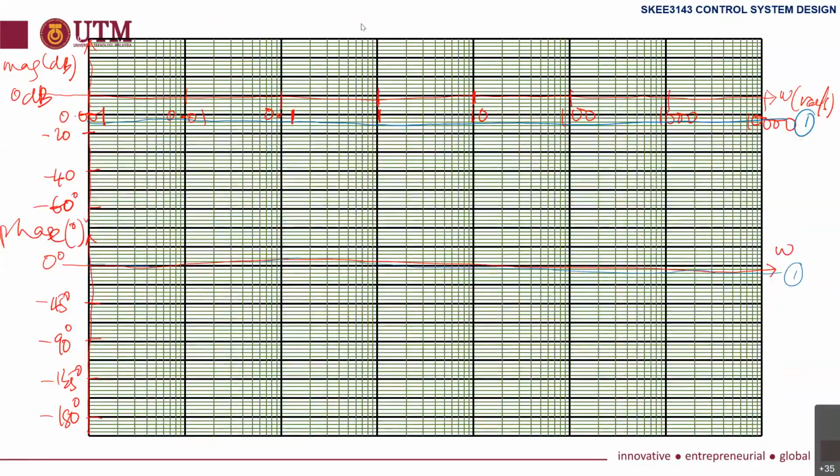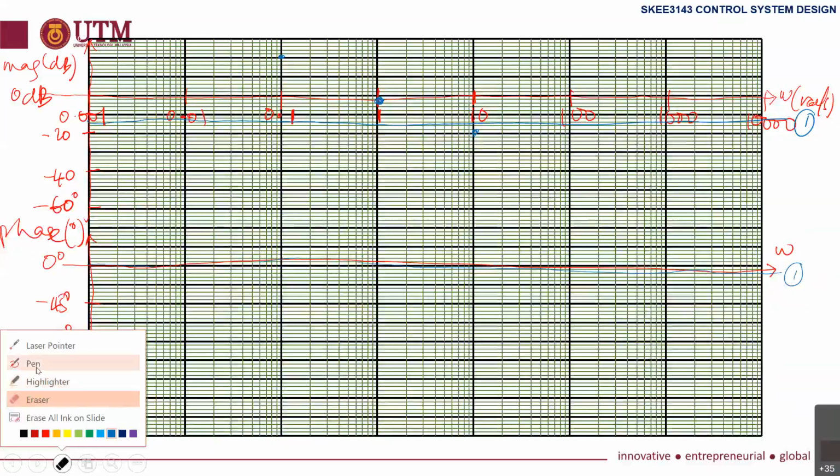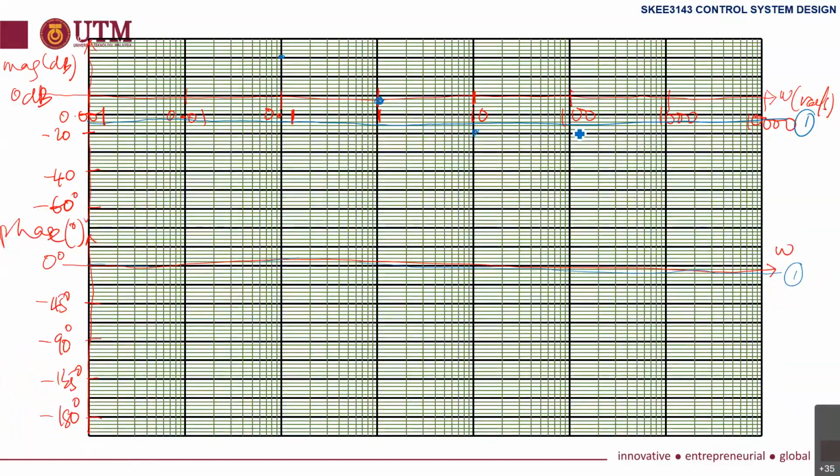So it crosses 0 here. And one decade later, it will be minus 20. 20 here, 40 here and 60. So it will be like this.